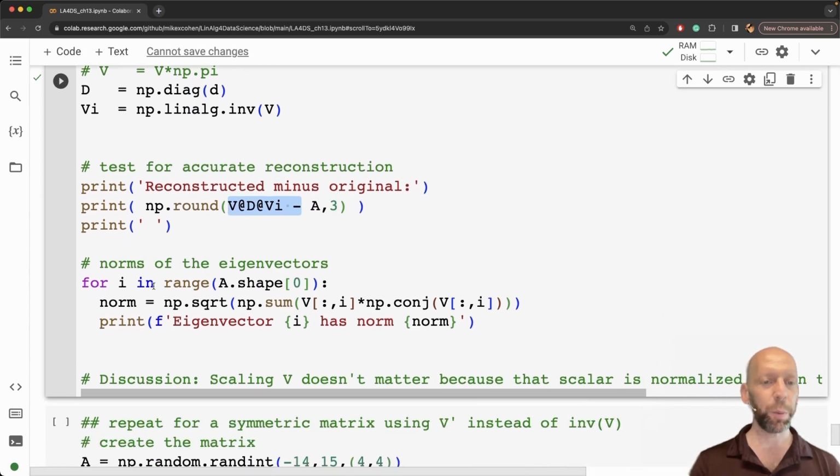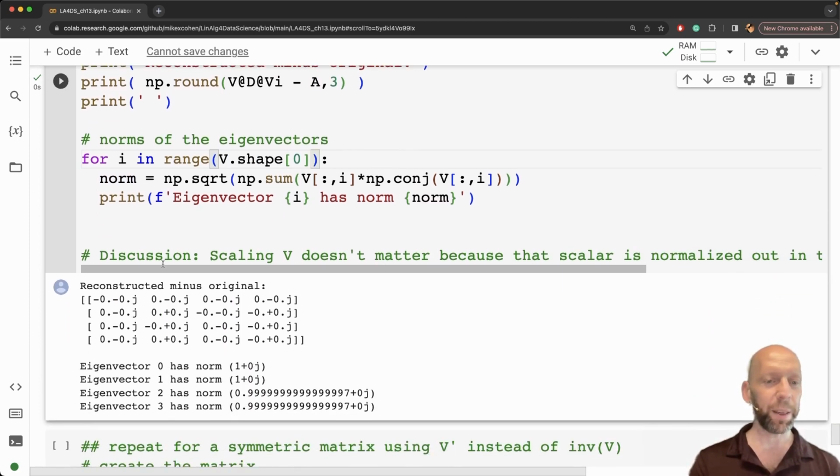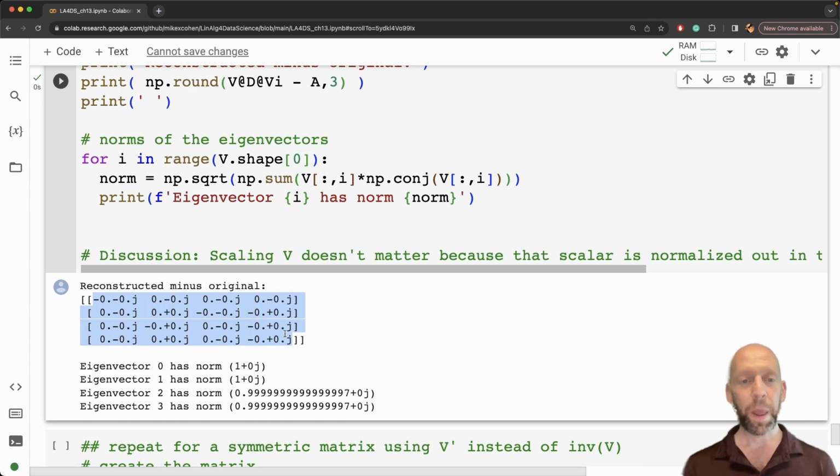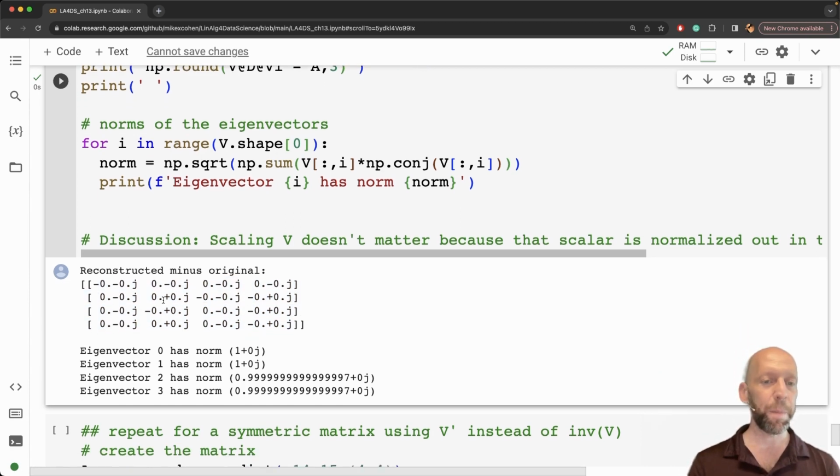Then I loop through all of the columns in the matrix, compute the norm of that column, and print it out. A and V have the same shape, so it could be either one. Anyway, here we see that the reconstructed matrix minus the original is all zeros. In this case, this ended up being a complex valued solution.